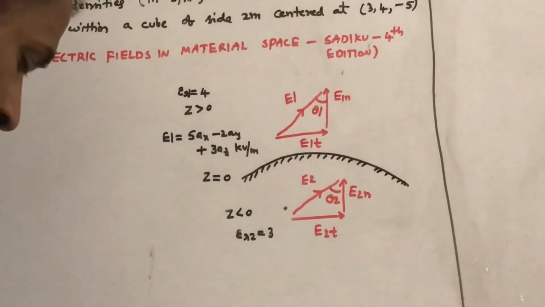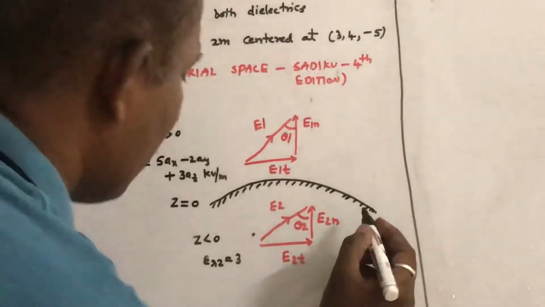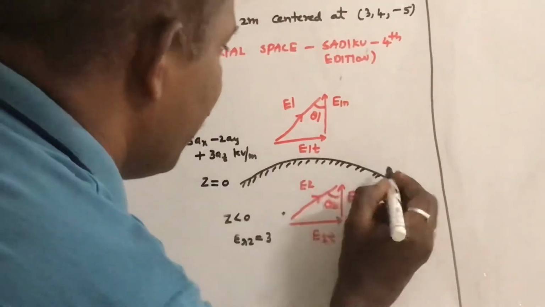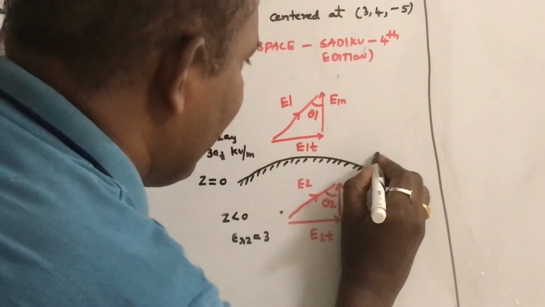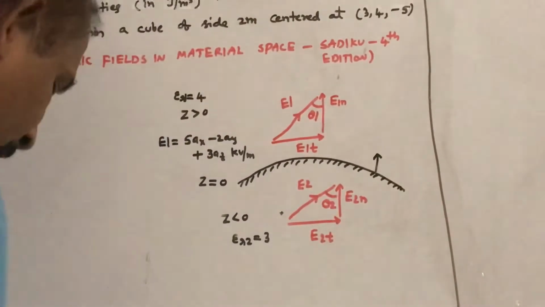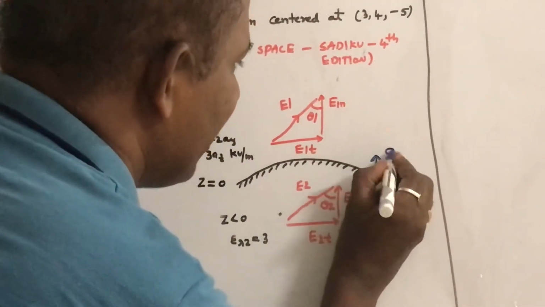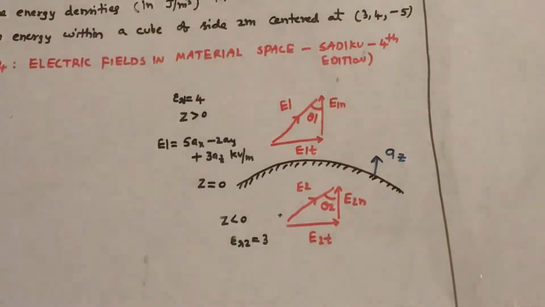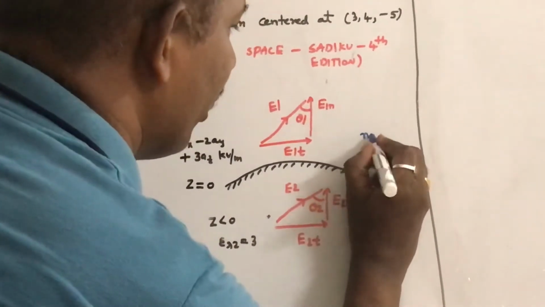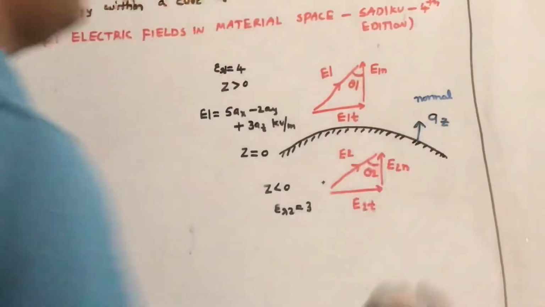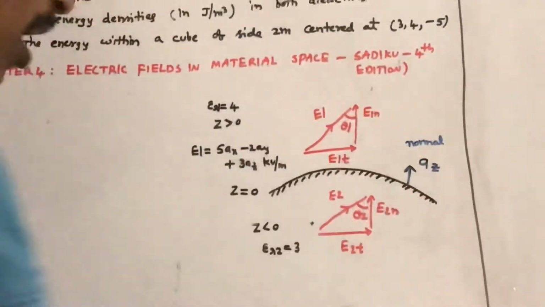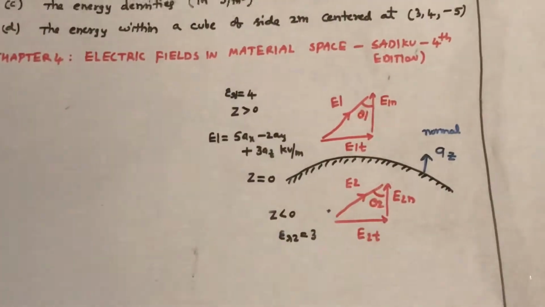Since z equals 0 is the plane, the vector normal to this boundary is, as you know from basic knowledge, az, the unit vector normal to the boundary. So first we have to plot the given information like this.